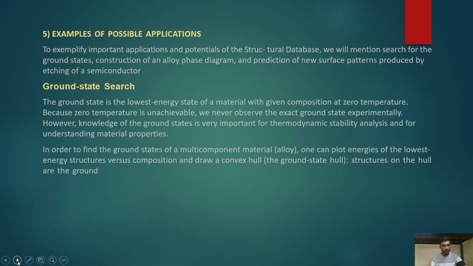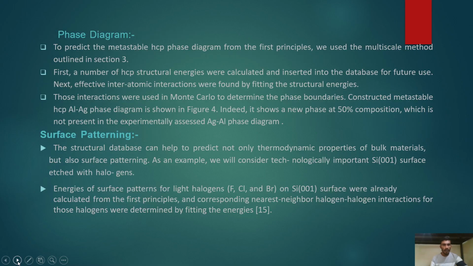Ground state search. In order to find the ground states of a multi-component material alloy, one can plot the energies of the lowest energy structures for various compositions and draw a convex hull. Structures on the hull are the ground states, used for the phase diagram.